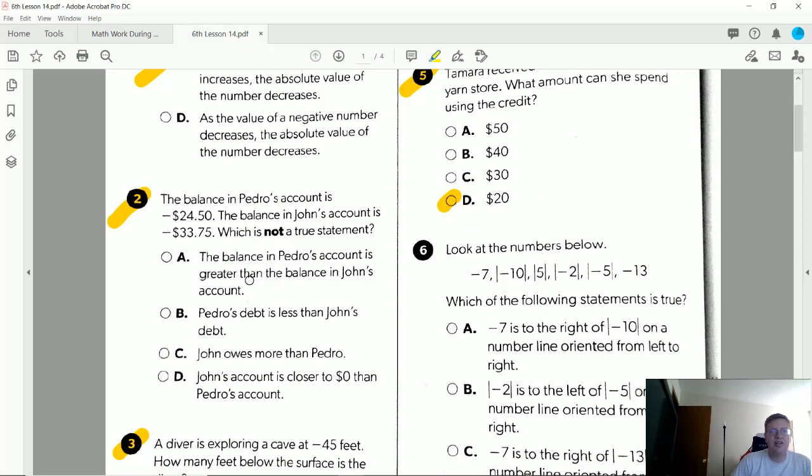So his bank account is closer to being in the good or having a positive number than John's. Pedro's debt is less than John's debt. This is also true. John owes more than Pedro. This is also true. John's account is closer to 0 than Pedro's account. That is false. So he is about $9.25 farther away from 0 than Pedro is.